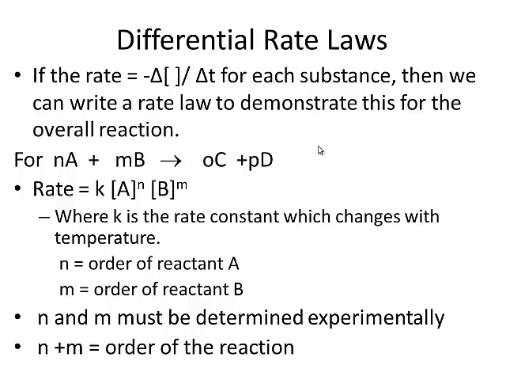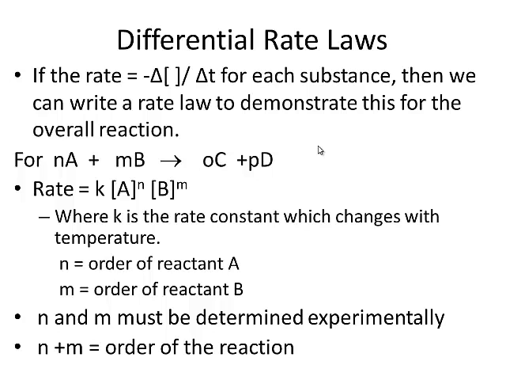So if the rate equals the change in concentration with respect to time for each substance, and again a negative is in front of it to make the rate positive even though your concentration of your reactant is going down, then we can write a rate law to demonstrate this for the overall reaction.